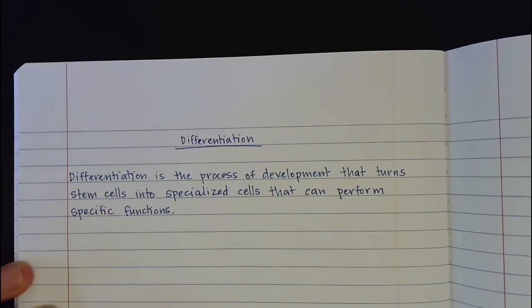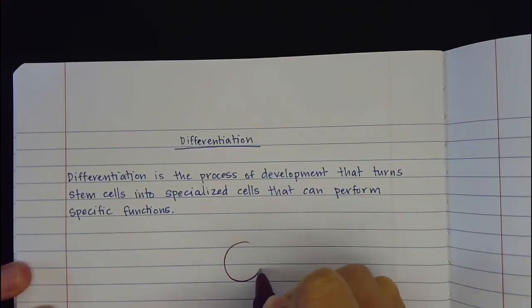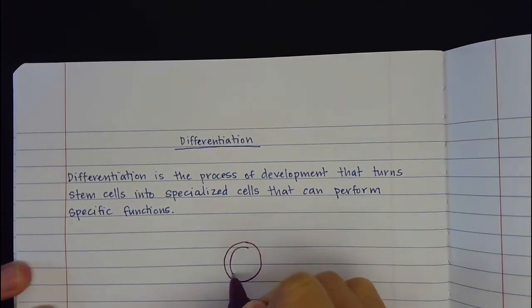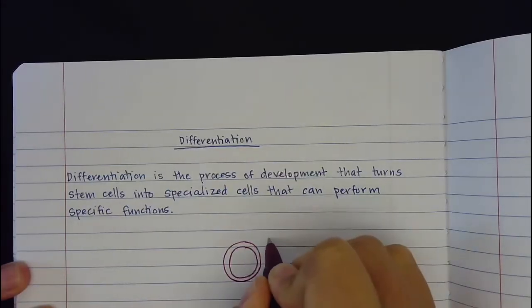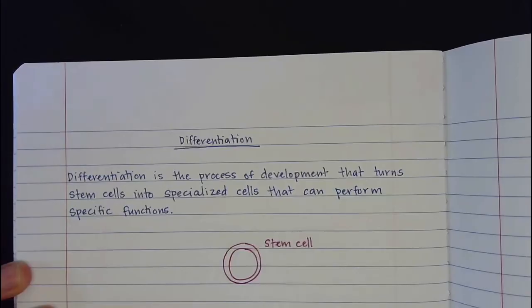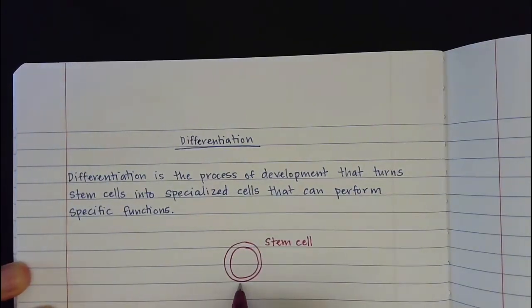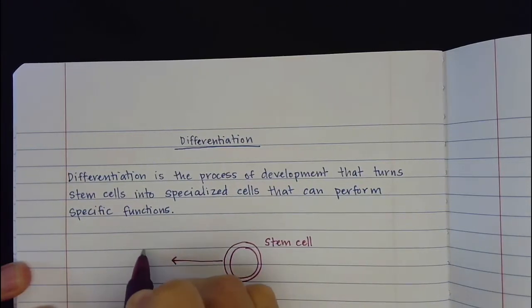So we're going to start off with a stem cell. And the stem cells are able to divide. So they are going to go through the process of mitosis in order to make more stem cells.